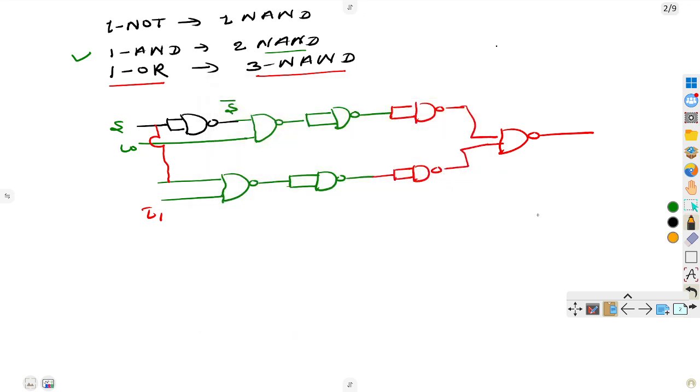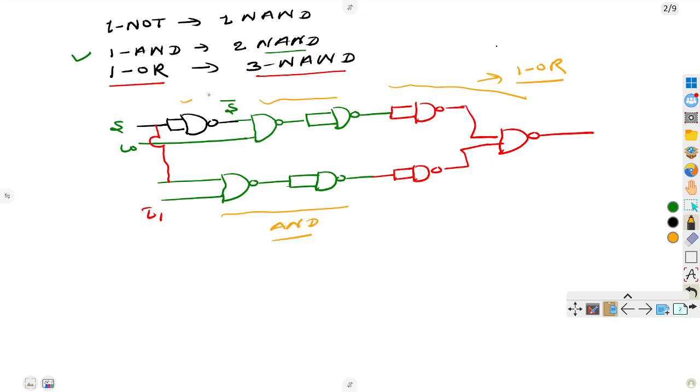Okay, so this is the complete one OR gate. In the output this is the one OR gate. And this thing is the AND gate, and this is the NOT gate.